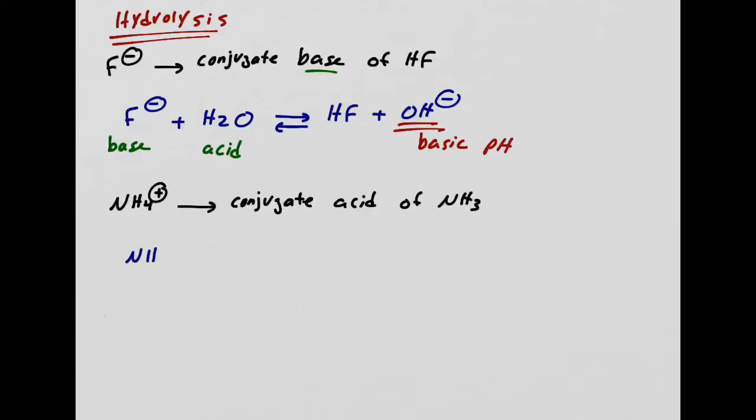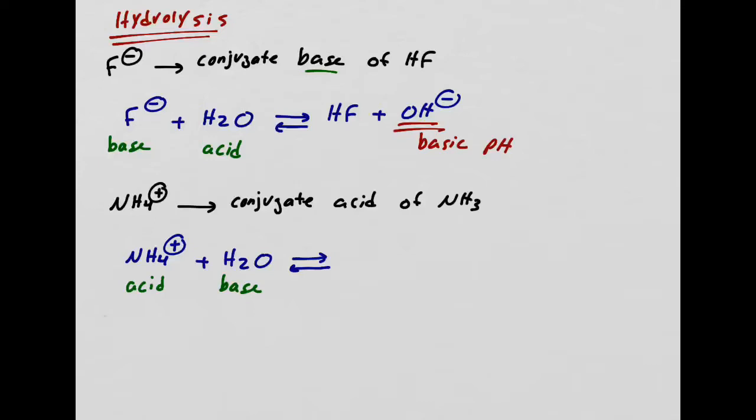So I want to do hydrolysis. Ammonium plus water. Now, we said this one is going to act like an acid, right? So if the ammonium is going to act like an acid, which means water is going to act like a base.